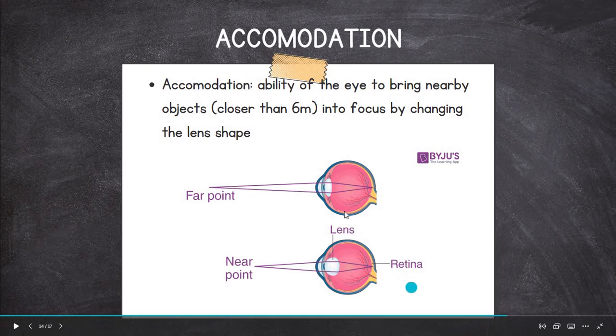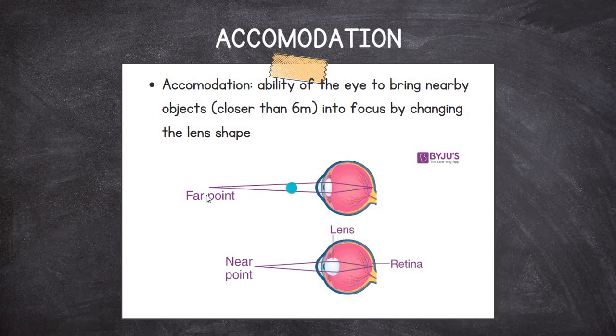Now, like I explained to you, the lens functions to bend the light. As it enters the eye, it bends the light in order to concentrate it here at the back of the retina. Okay? So as you can see here, depending on the distance we are from that object, the light has to be bent slightly differently because the length of the ray differs between a far object and a near object.